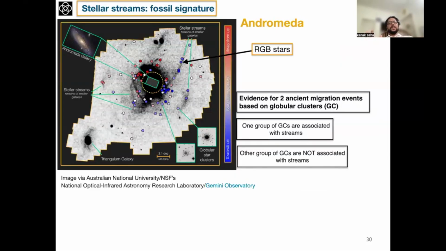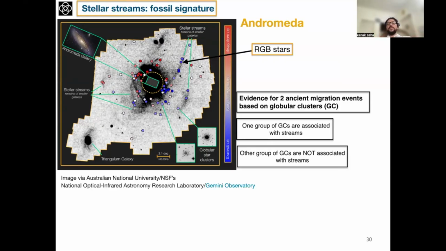Now, mergers are not the only way to find galaxy interactions. There are stellar streams, which are also a sort of fossil signature of galaxy interactions.